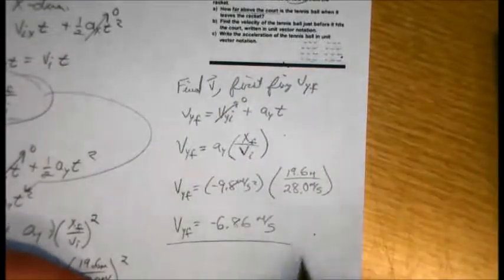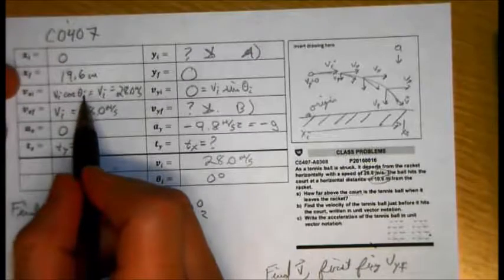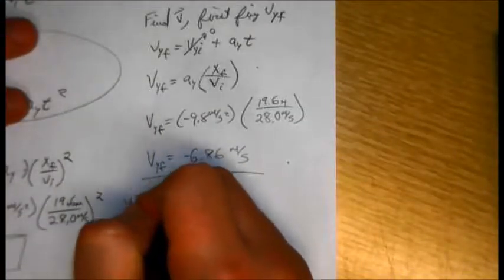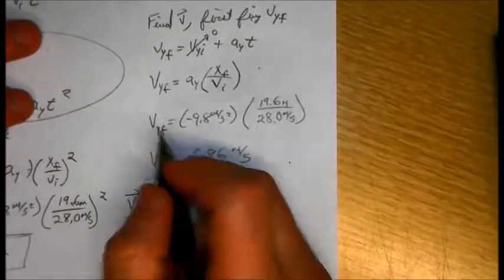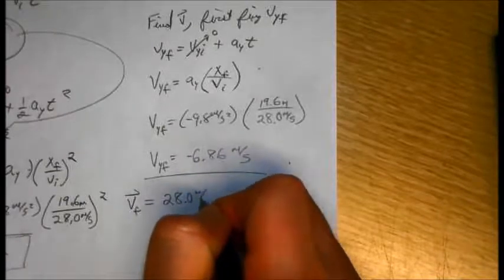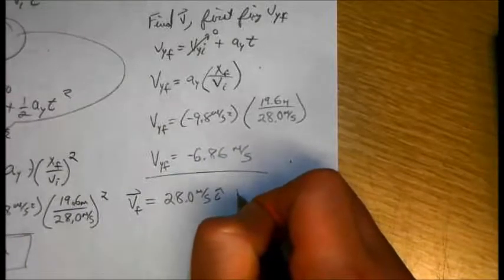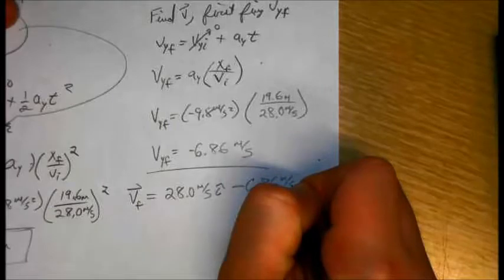Well, we know what the final velocity in the x direction is because it's the same as the initial velocity. So the vector final velocity is 28.0 meters per second i hat, minus this 6.86 meters per second j hat.